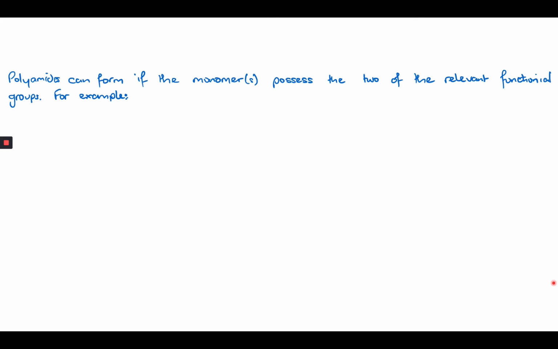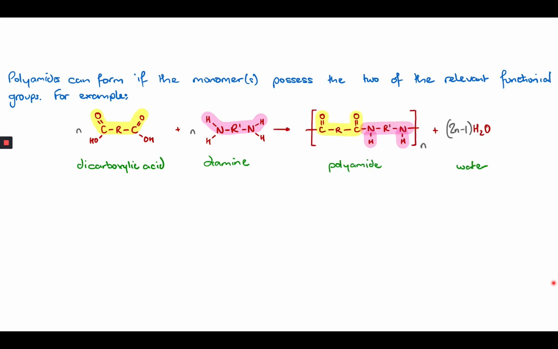Again, just like with polyesters, we can have two monomers, or we can have a single monomer. And what is necessary is that overall we have two of the relevant functional groups. So again, we can have our dicarboxylic acid as we had before, and this time instead of having a diol, because we're making a polyamide, we've got a diamine. But again, the principle is exactly the same.